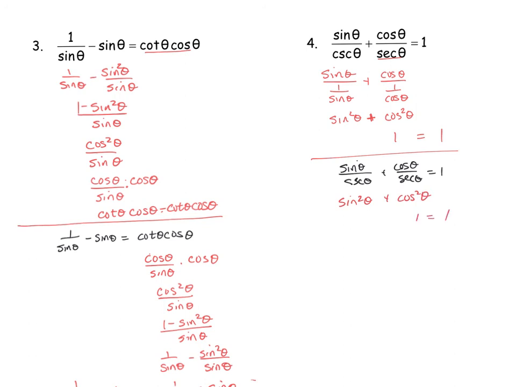So you could just do it in those two steps, and I would give you credit for that. That's fine, because I recognize, and most people are going to recognize, that 1 over cosecant is sine. So that's going to be sine times sine. So that's another way to do it. Either way is fine, whatever you like.